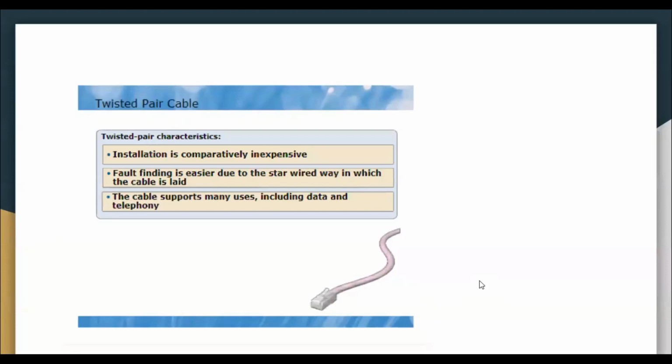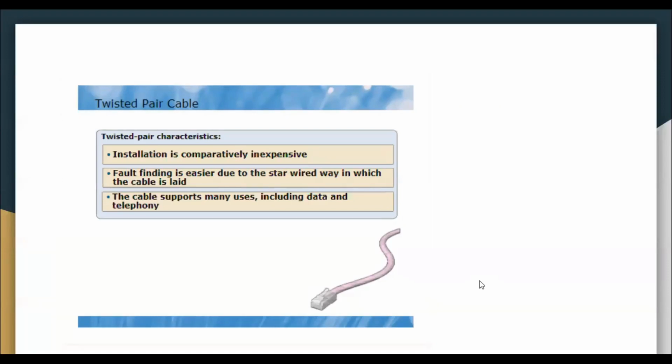And then next, we have another type of media: twisted pair cable. Twisted pair characteristics: installation is comparatively inexpensive, and fault finding is easier due to the star-wired way in which the cable is laid. The cable supports many uses, including data and telephony.